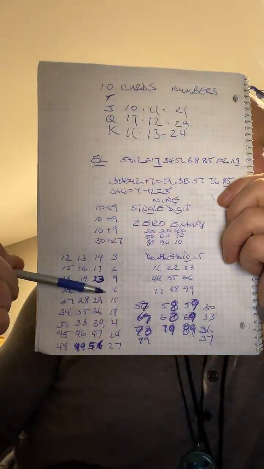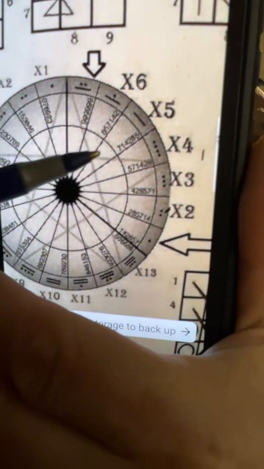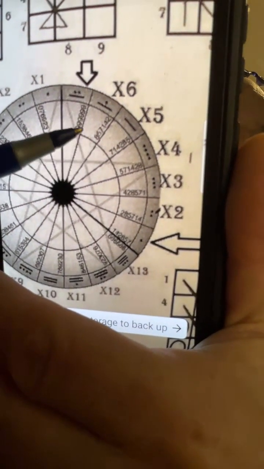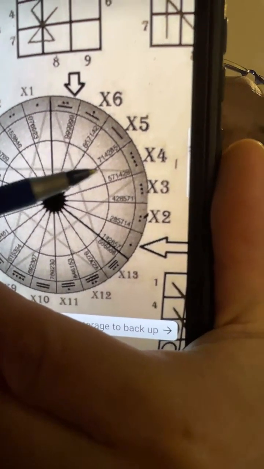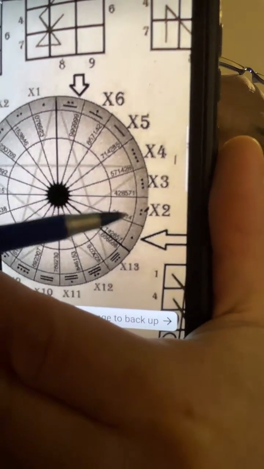Now, before I go any further over here, I wish I had an overhead camera. You notice 714285, 714285, 714285.